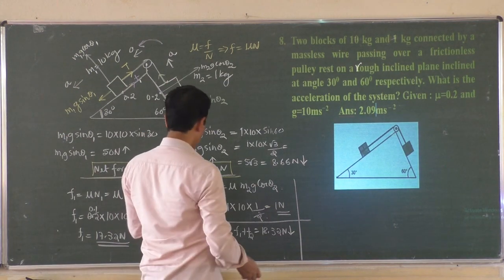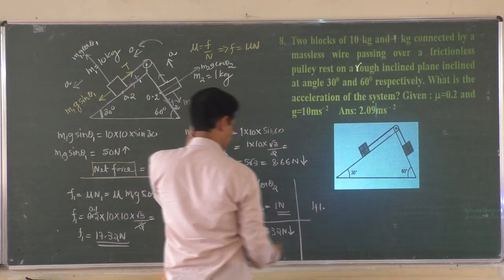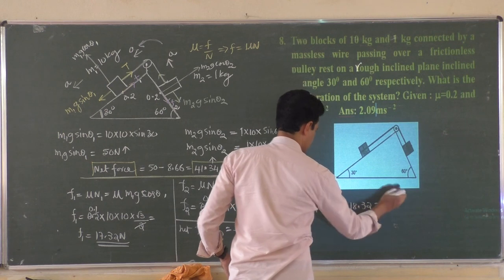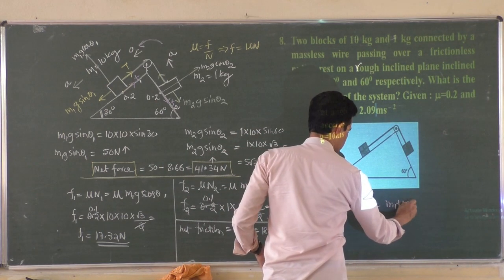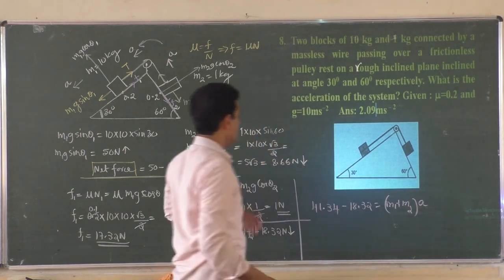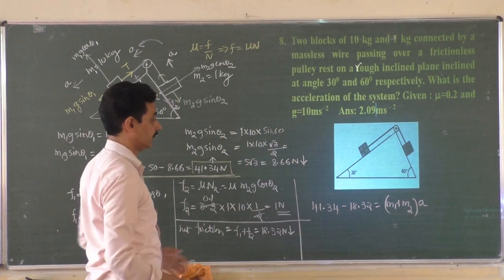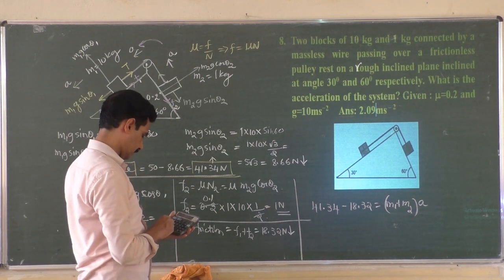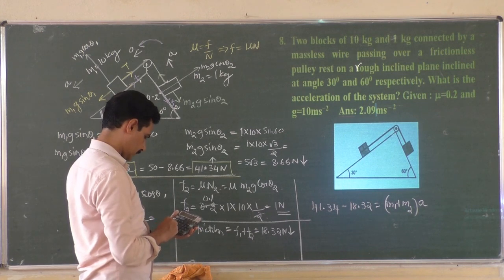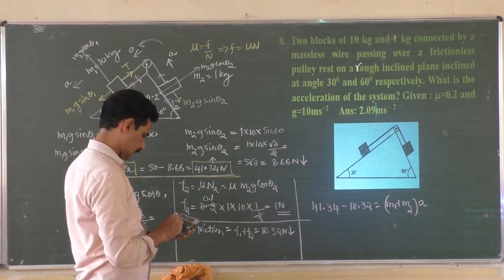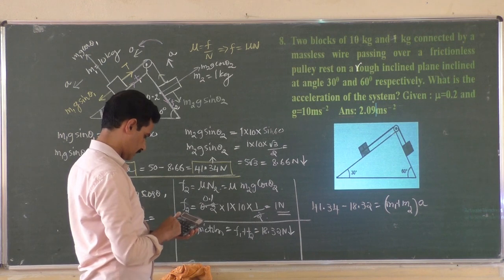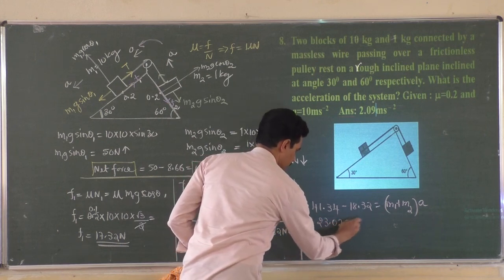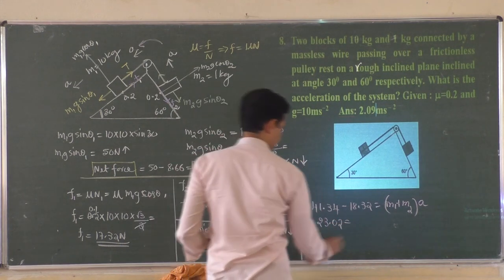So I can write 41.34 minus frictional force 18.32 must be equal to (m1 plus m2) into A, because the system contains two particles of mass 10 and 1, right? So 41.34 minus 18.32 is equal to 23.02. 23.02 is equal to (m1 plus m2), that is 11A.